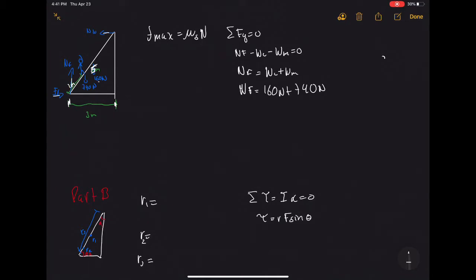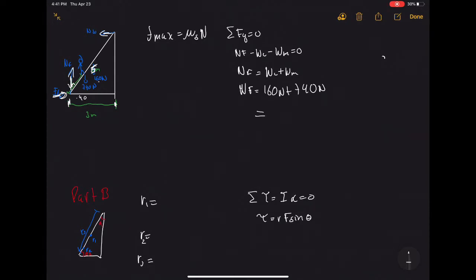So right here I also put the normal forces of every single thing, and also the force of friction, with the coefficient of static friction, which is 0.40, sorry. I'm gonna start the problem by adding the weights to get the normal force of the whole thing.